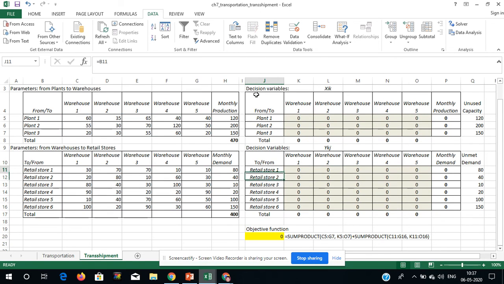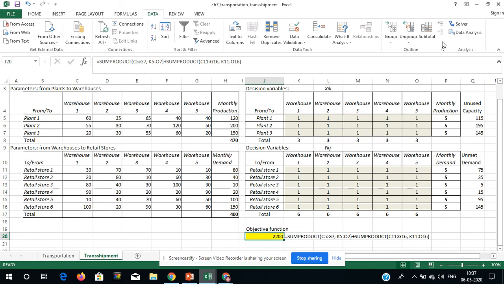I put all of them here. Let me put one here. So now you can see the objective function is here, but we have to find out how many units.